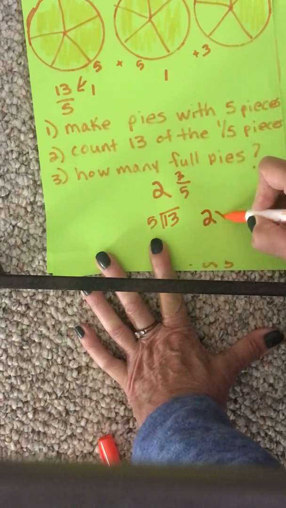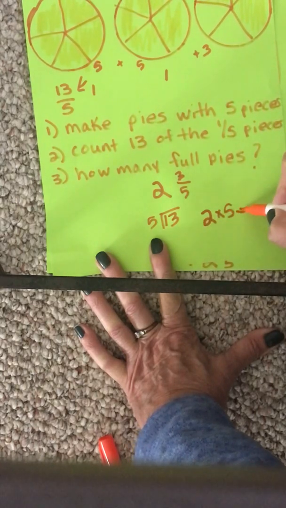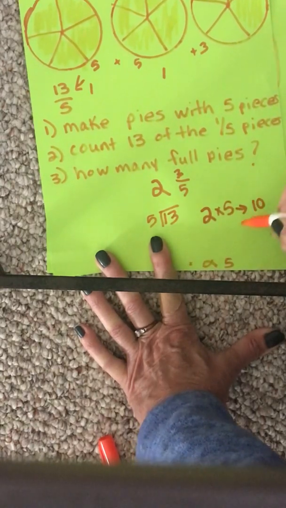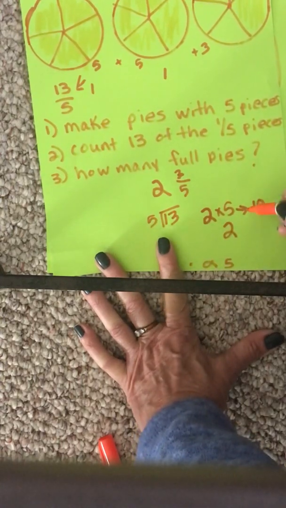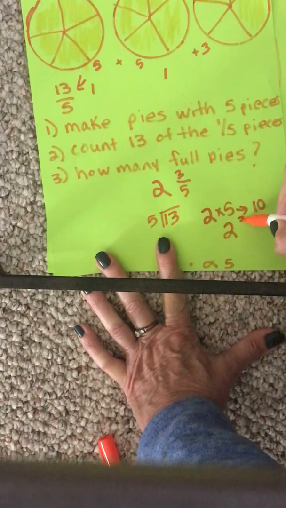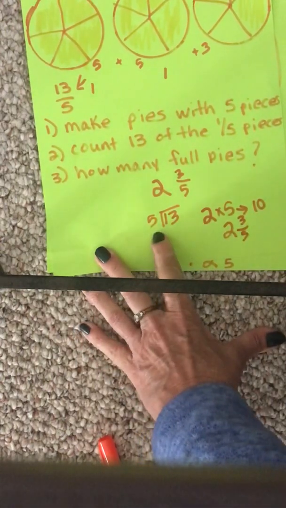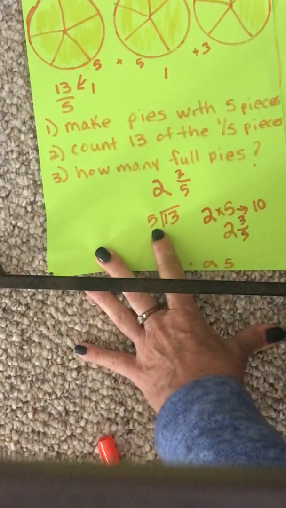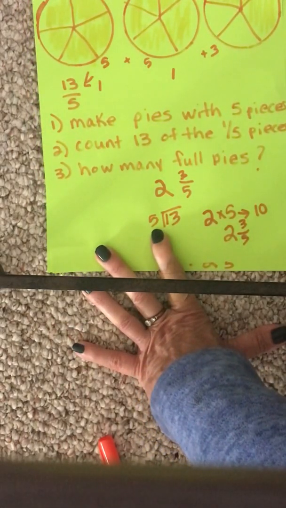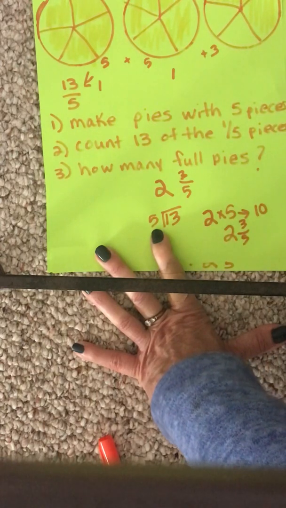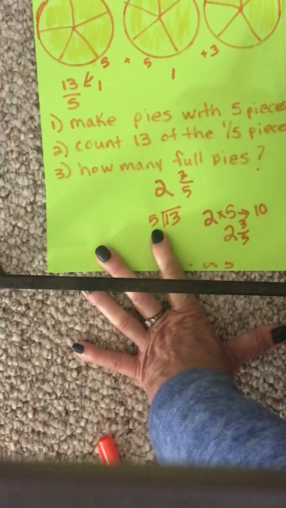So we know 5 fits in the 13 2 times. And then how many are left over? 3. And that's 3 of the fifths. So this is kind of a new idea for you, that our divisor becomes our denominator. But once again, that's what that fraction bar means.